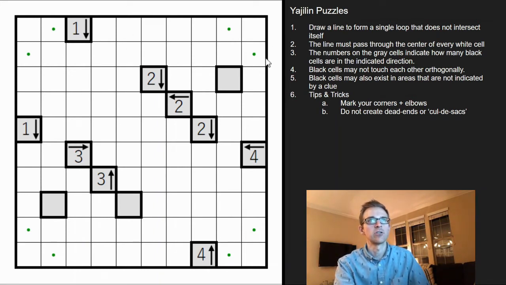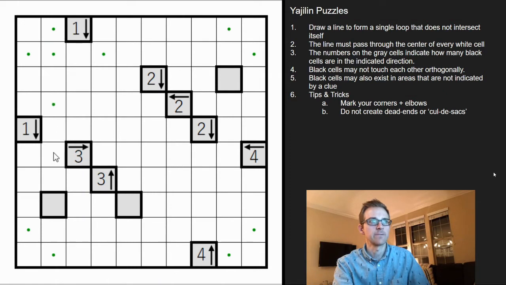And it's not just in the corners, but also the corners of a lot of the gray cells too. Again, if I were to put a black cell there, it creates that dead end where the line would come in and not be able to escape. I'm going to put a black cell there just to illustrate the point that that would be a dead end. So we know that that's not going to be black.